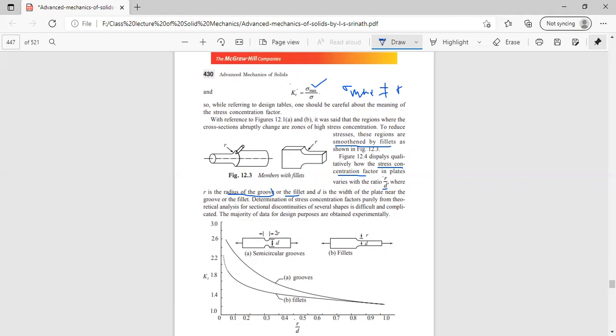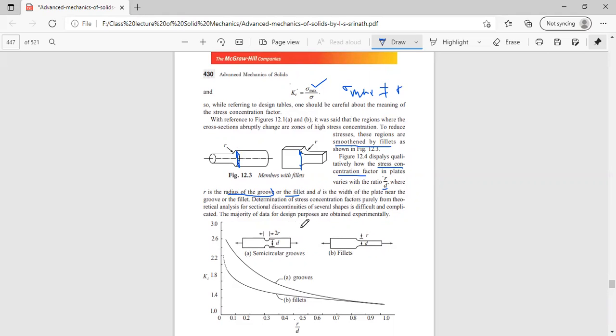So we take the radius of this fillet, not the radius of the reduction in length itself. And D is the width of the plate near the fillet, somewhere here, like this.